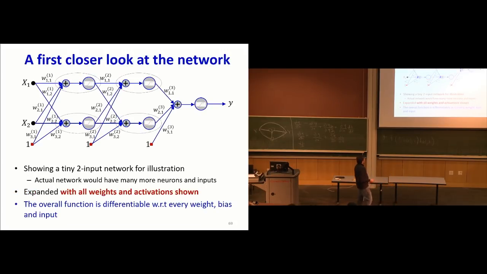So here we are. I've shown all the weights. I've shown all the activations. I've just shown a figure for the activation. But the key point is y is differentiable with respect to this activation, which means it's differentiable with respect to all these weights and the outputs of these guys. Pretty much y is differentiable with respect to every single term in this network because it's a composition of differentiable functions, right?